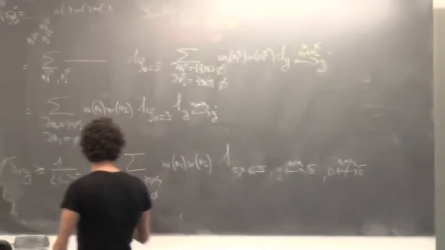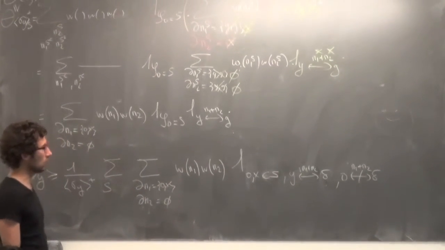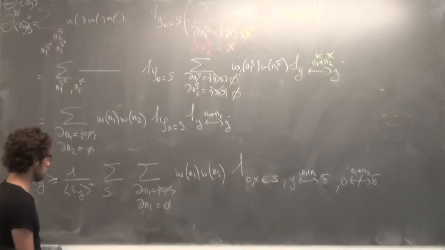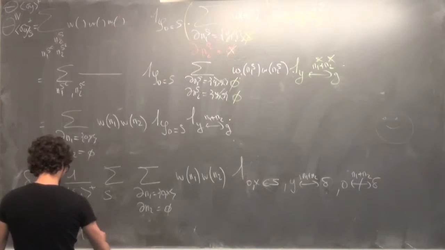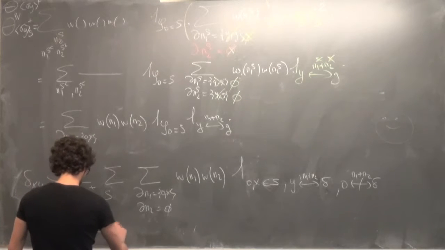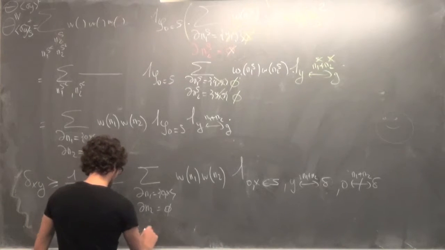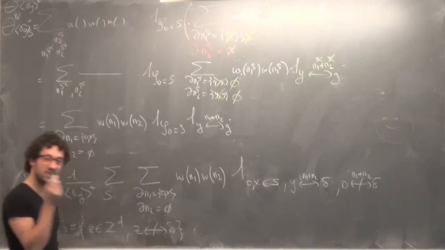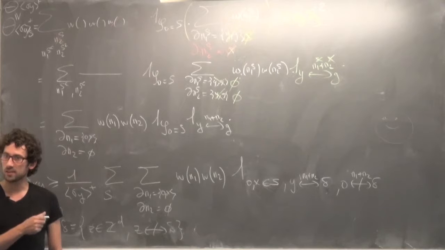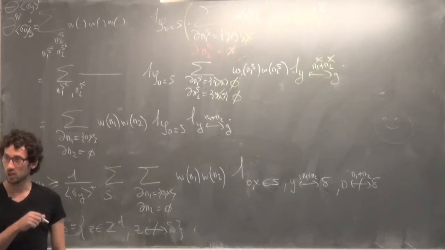And now there is no S0 anymore. So I'm going to define S delta to be the set of Z in Zd so that Z is not connected to delta. And this is exactly the set that we were introducing for percolation.